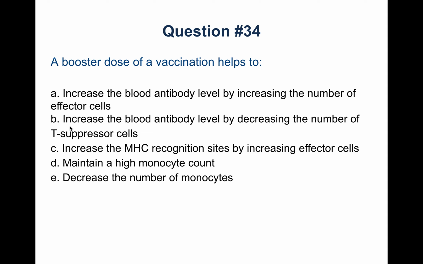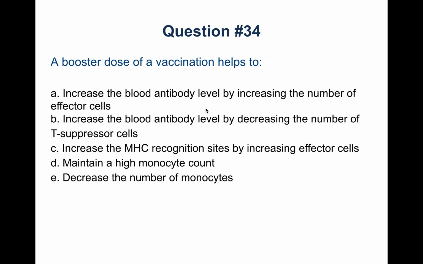So if you're looking at A versus B, it's talking about blood antibody levels increasing the number of effector cells, or affecting blood antibody levels by decreasing the number of T suppressor cells. T suppressor cells are not really going to be affecting the plasma cells that come from B cells. The T suppressor cells help to suppress cytotoxic T cells, other types of T cells, and suppress the immune response.